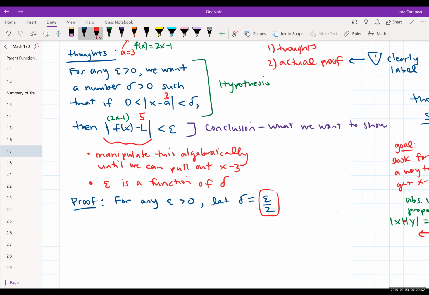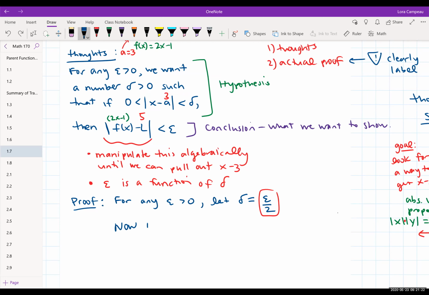Now, we're going to take the last part of our hypothesis. This is the part where we're seeing the absolute value of x minus 3. So we're going to assume this is true. That's usually what happens in proofs.